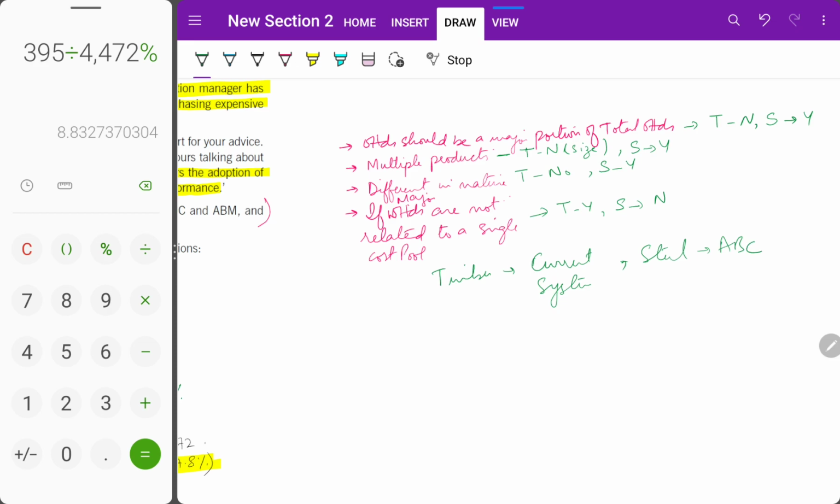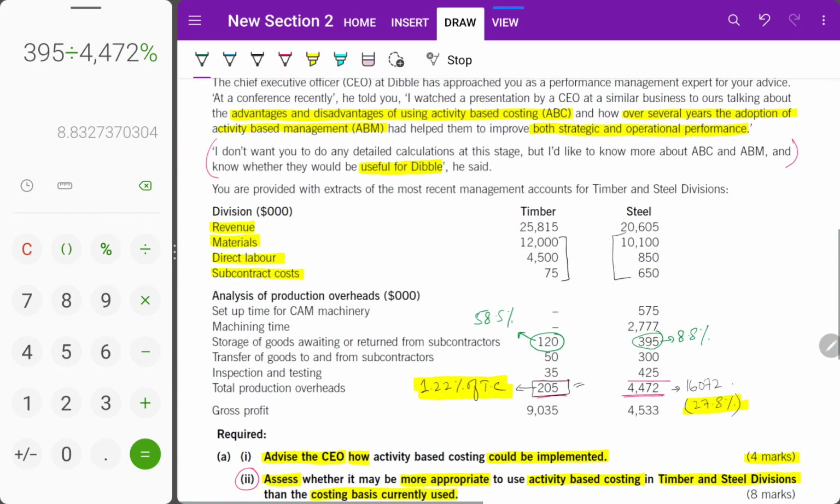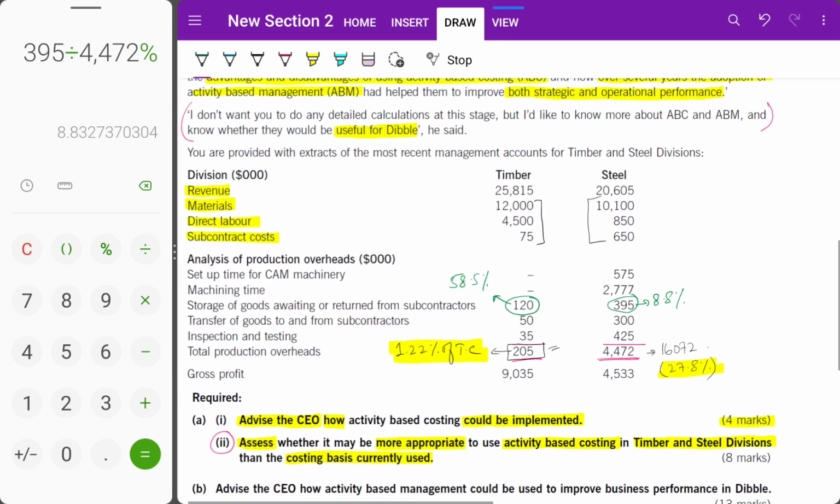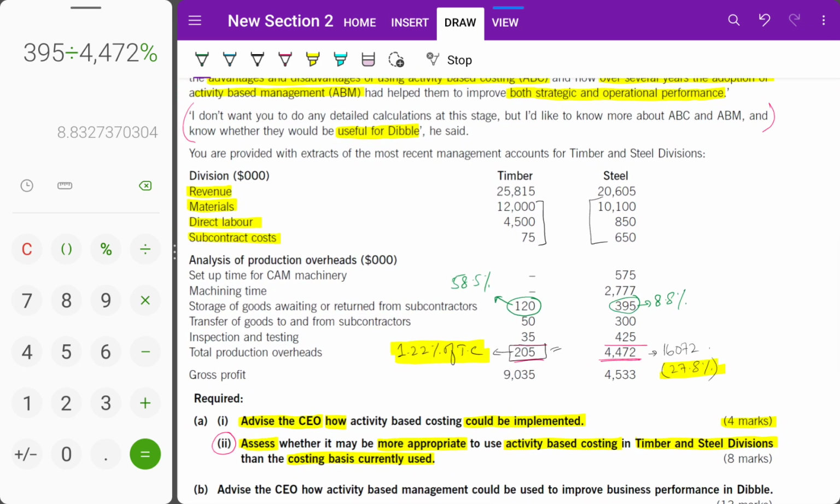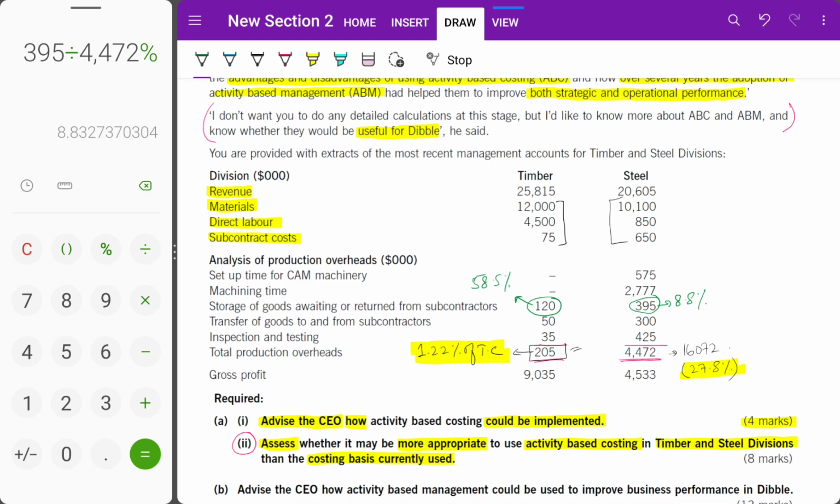But there is a problem. If you see this data, timber division, try to identify if timber division continue with the current system of absorbing overheads on the basis of machine hours. Is it really correct? Pause this video and think.